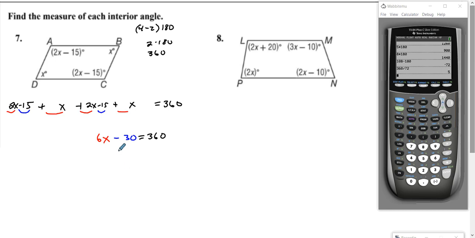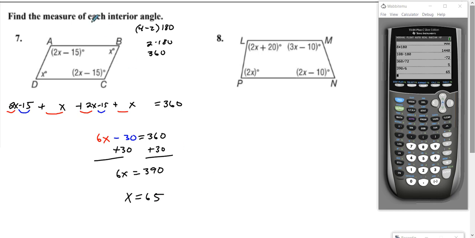I'm going to add 30 to both sides. So we get 6x equals 390. Divide by 6, and so we do 390 divided by 6. I get 65. So x equals 65.